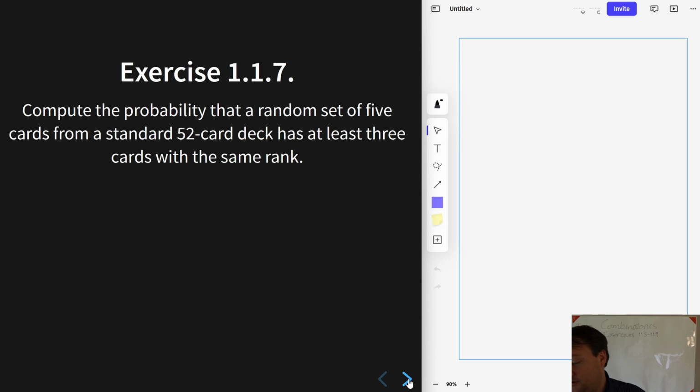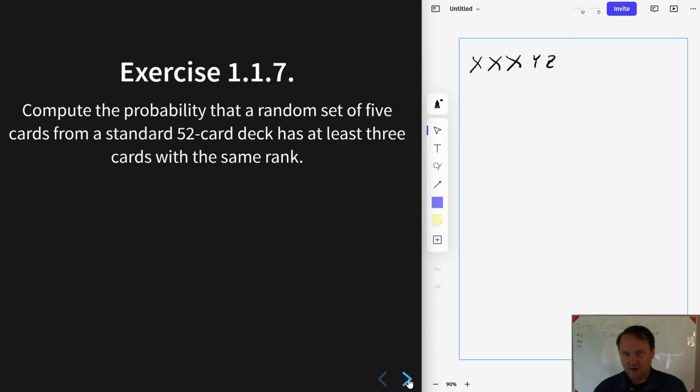So a way that we could diagram what we're talking about is that we're looking for x, x, x, y, z. The x's representing some rank, right? Let's just say that it's from 0 to 12, actually.